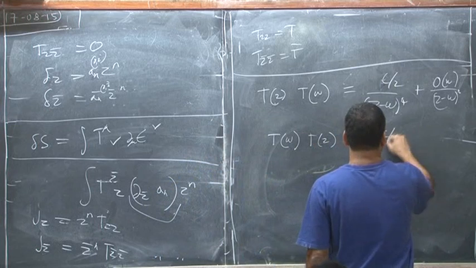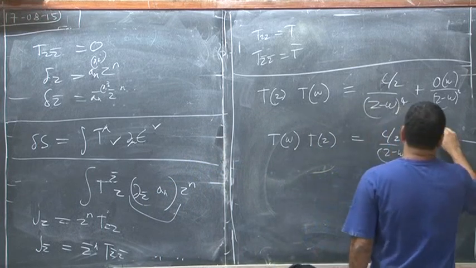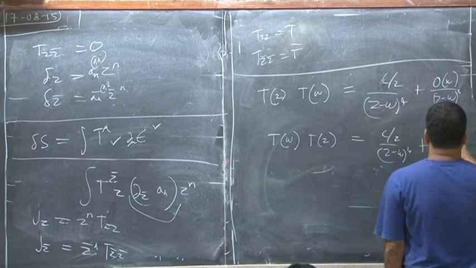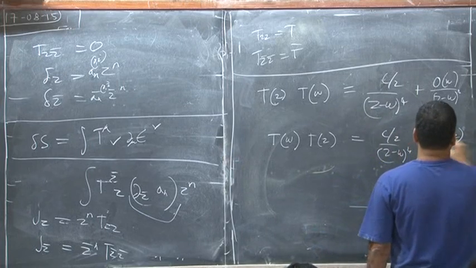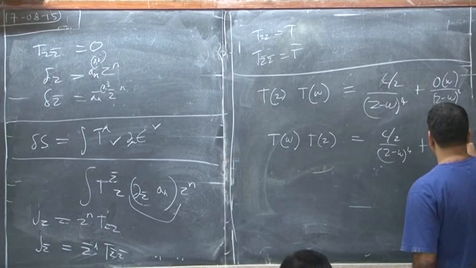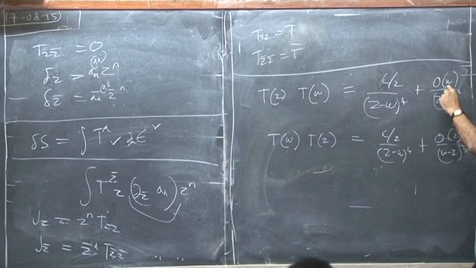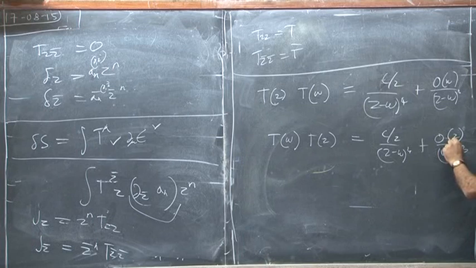It is equal to C by 2, over z minus w the whole thing to the power 4, plus O of z over z minus w cubed. Now let's look at the leading singularity, let's say, expanded around z equals w. You just replace the z here by w. But the leading singularity here is minus of this one, because this is minus this.